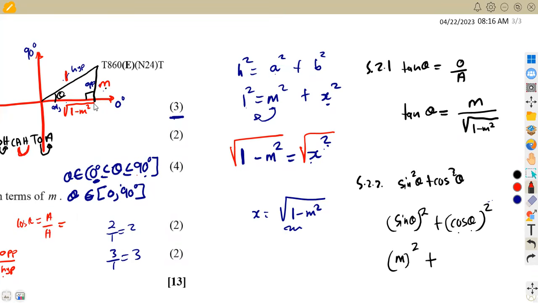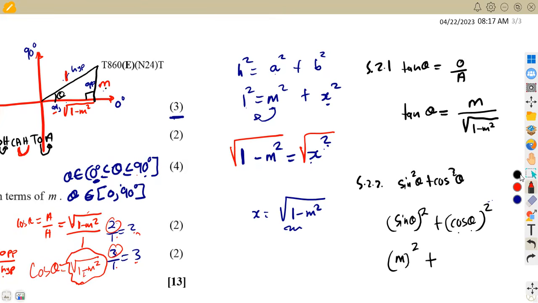The adjacent is this side, the square root of 1 minus m squared, over the hypotenuse, which is 1. 2 divided by 1 is the same as 2, 3 divided by 1 is the same as 3. So dividing the square root of 1 minus m squared by 1, we obtain the square root of 1 minus m squared. So the cos of theta is equivalent to the square root of 1 minus m squared.